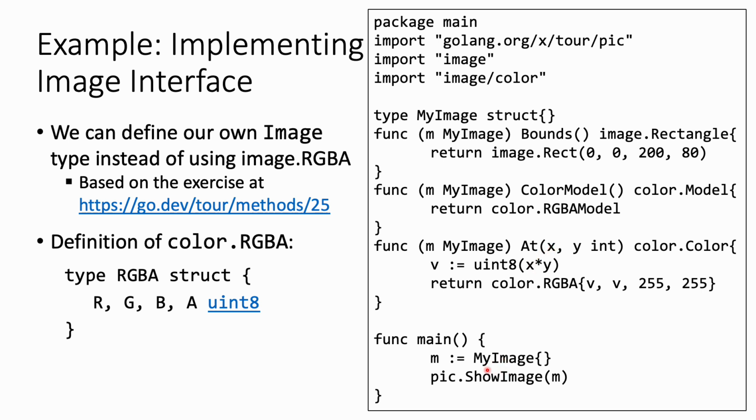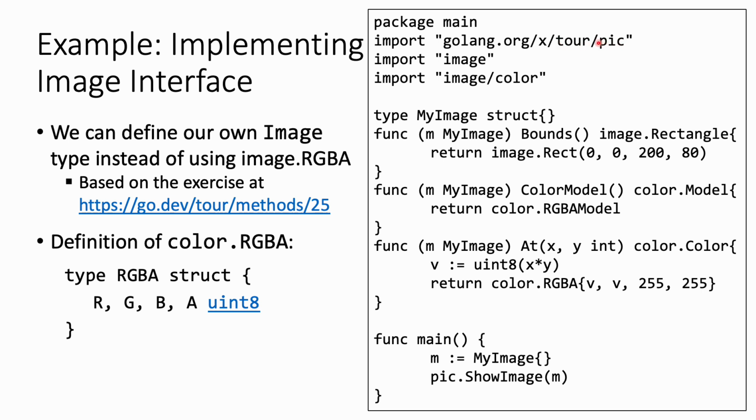In the main function, we simply create an instance m of MyImage and call function pic.ShowImage with m as the argument. Function ShowImage is defined in the non-standard package pic.